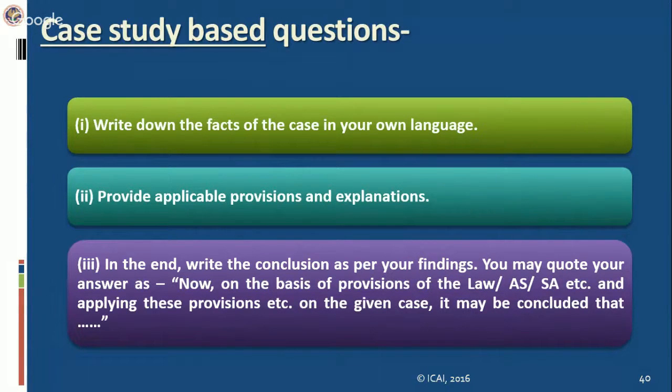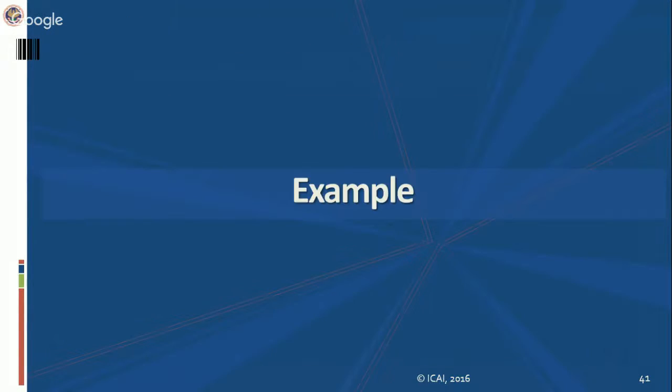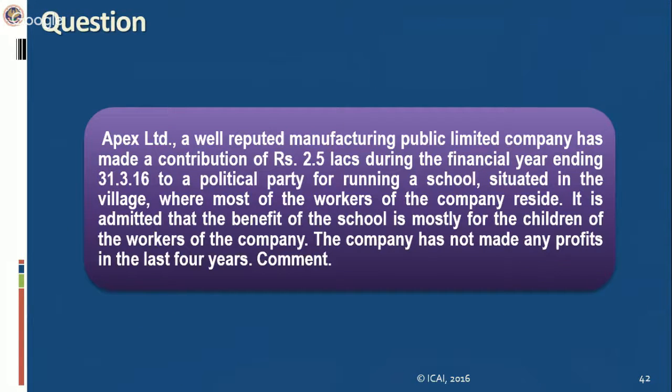Well, I will explain with the help of an example here. This is the question, this kind of case study may be asked in the examination. Apex Limited, a well-reputed manufacturing public limited company, has made a contribution of rupees 2.5 lakhs during the financial year ending 31st March 2016.